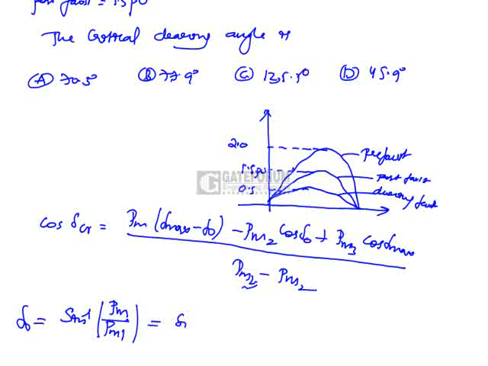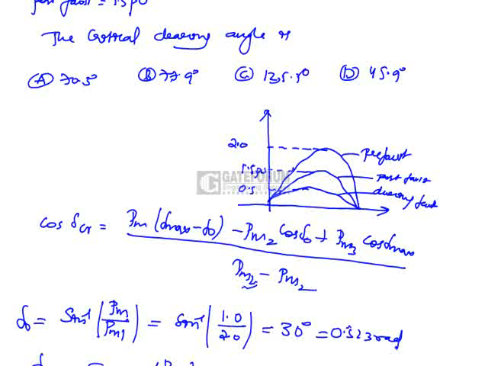Delta naught is equal to sine inverse of the initial power 1.0 over the pre-fault maximum power of 2.0. So sine inverse of 1 by 2 is 30 degrees, or 0.523 radians. Similarly, we have to find delta max. Delta max is equal to pi minus sine inverse of PM by PM3.